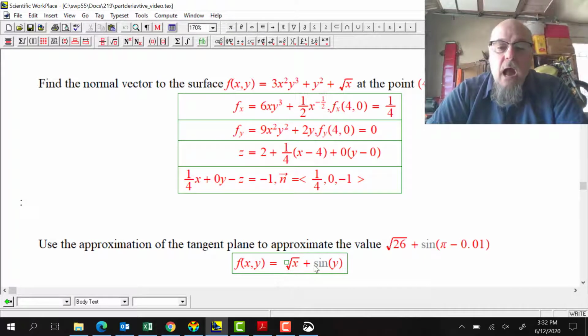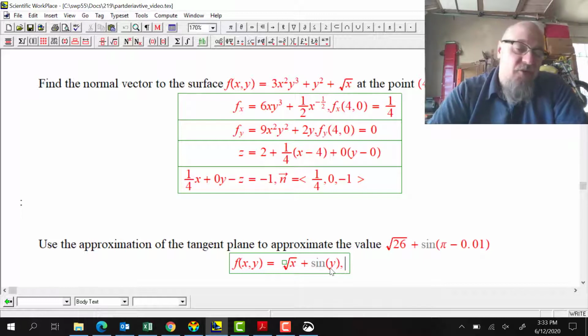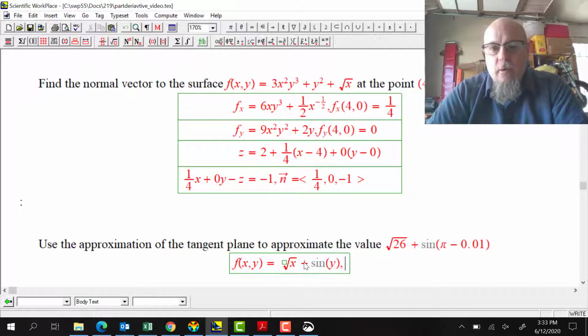So now I know its value exactly when x is equal to 25 and y is equal to pi. I also know its value exactly when I make x equal to 144, because the square root of that is 12, but that's not close to the 26.